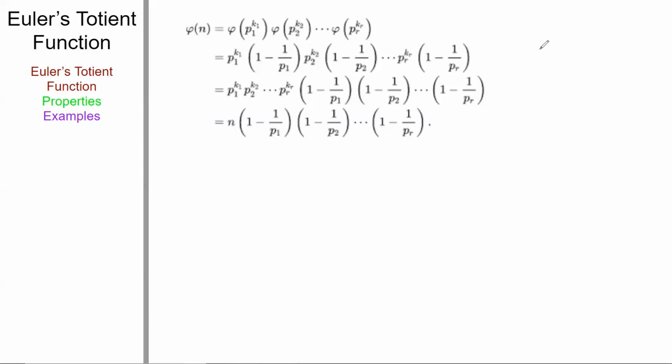Relatively prime means that those numbers have nothing in common. So there is no number bigger than 1 that goes into both of them evenly when you divide.